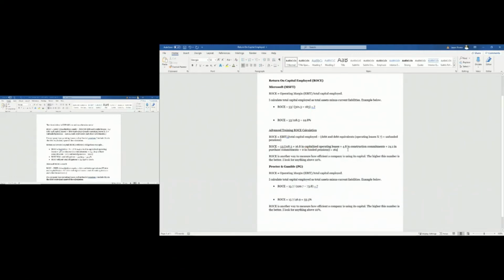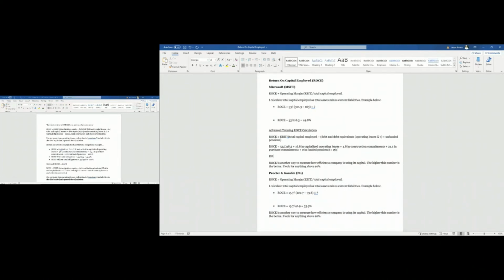Okay. So ROCE equals 53 divided by 164. So again, this is still a very good number. 32.3%. I look for anything above 10% on a consistent basis, like I do up here.